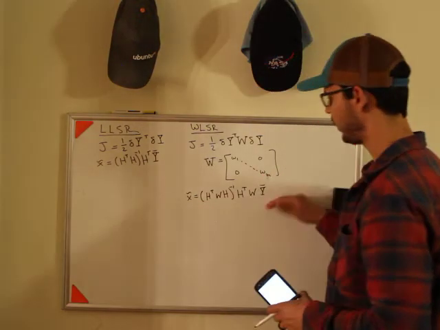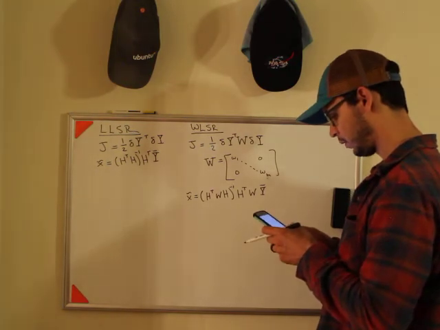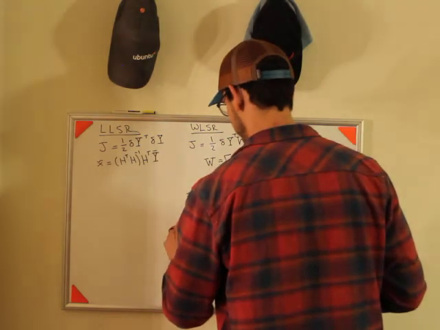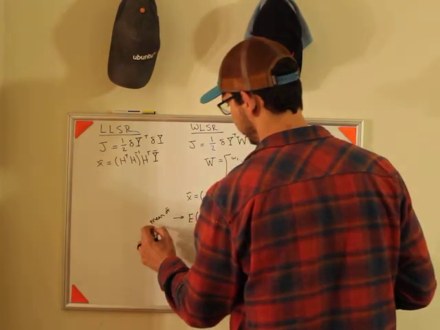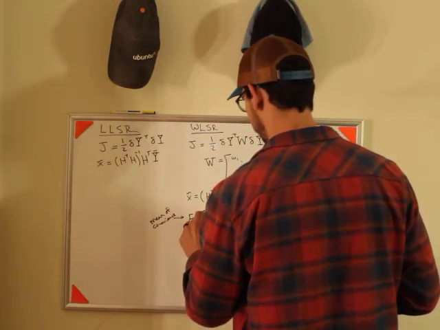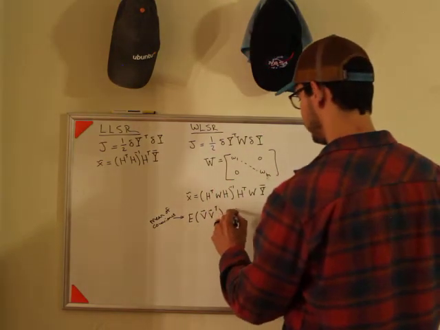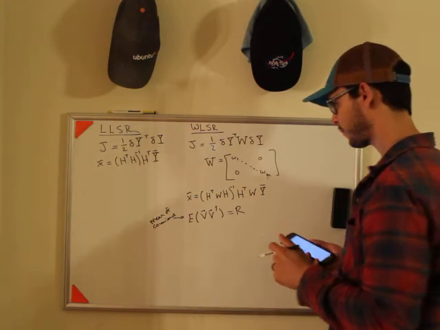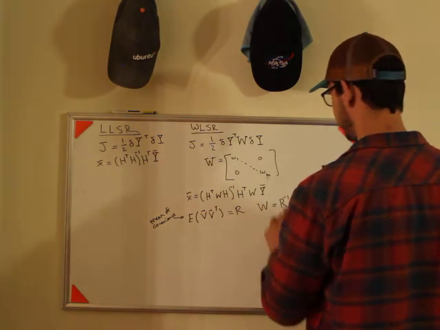Okay? Now the reason why we do weighted least squares is because what we're going to do is we're going to assume that the expectation, right? So this is sort of like a mean of covariance. I'm going to assume that the expectation of my measurement noise is equal to R, okay? And so typically what we do is we say, I'm going to make W equal to R inverse.